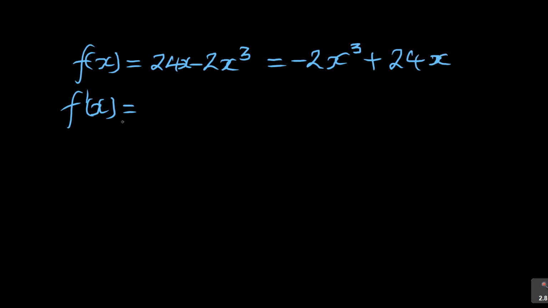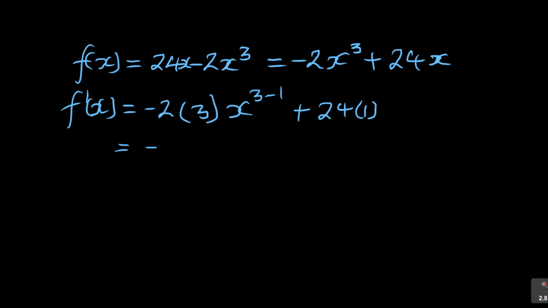Are you with me? So if you find f'(x) there, it's minus 2, you drop the 3, and then x to the power 3 minus 1, plus 24 times x to the power 1 minus 1, which is 24 times 1. Then 2 times 3 is negative 6x squared plus 24.